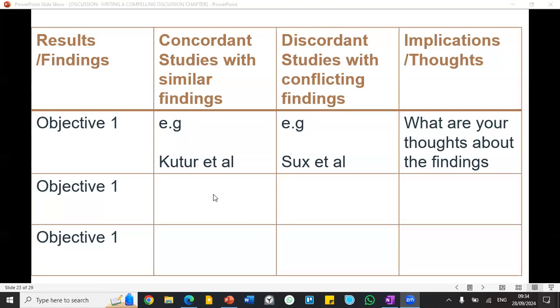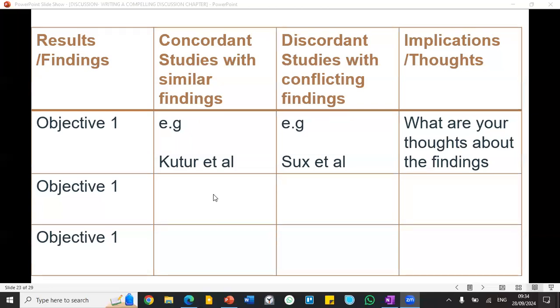Then you go back to your literature map and look for those studies that have findings similar to yours. Then you write those authors there, so that it will be easier for you to say that these findings were similar to, or these findings concur with, like that. You'll be able to easily refer.